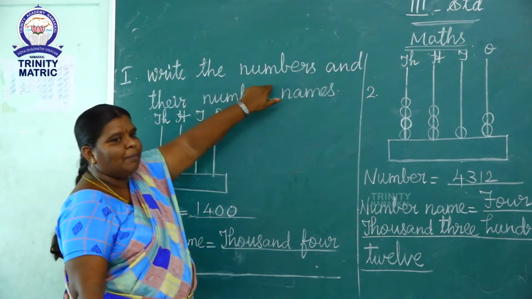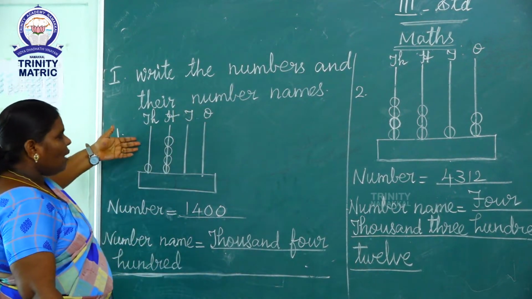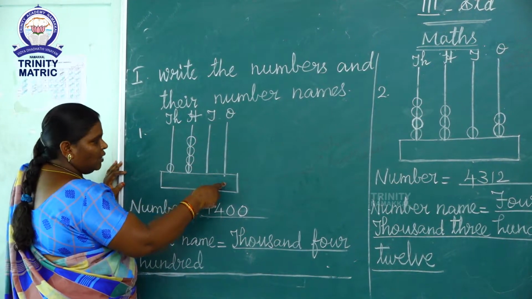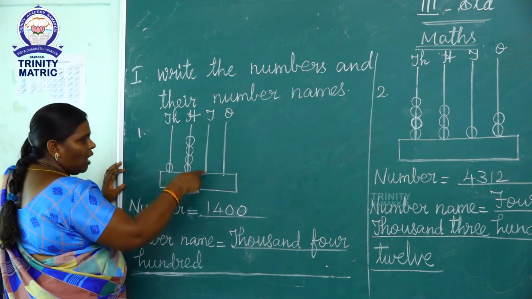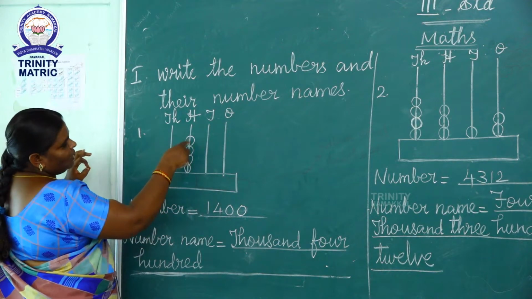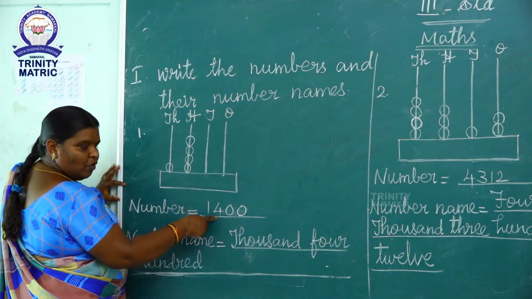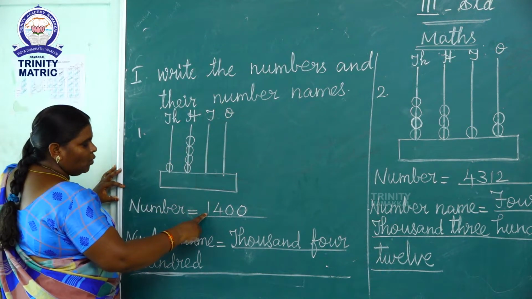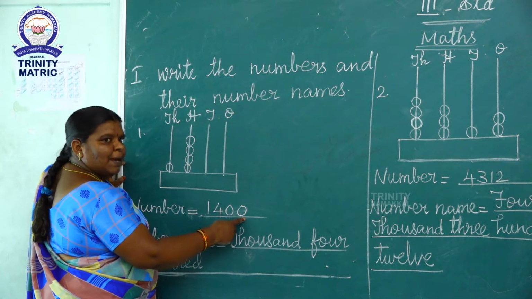I say again, what is the sum given? Write the numbers and their number names. See the abacus. How many beads have in the ones rod? No beads, so you put 0. How many beads in tens rod? No beads, so you put 0. How many beads have in hundreds rod? 1, 2, 3, 4, so you write 4. How many beads in thousands rod? 1 bead only, so you write 1. Read the number. First you say the place value.